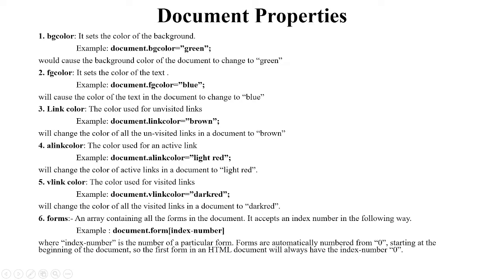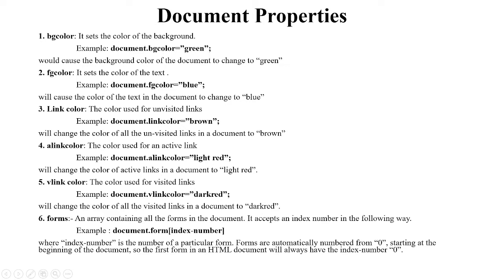And form is a document object property, an array, containing all the forms existing in the document.